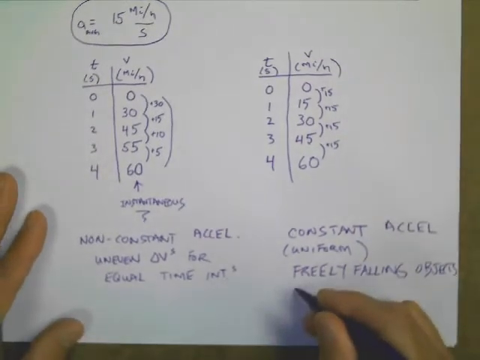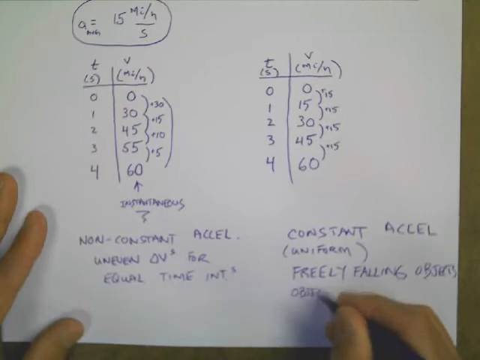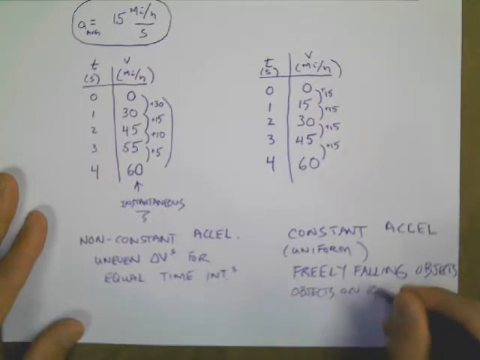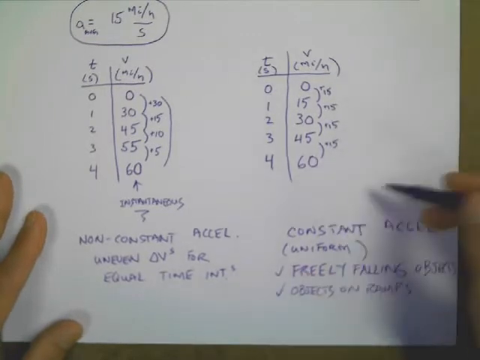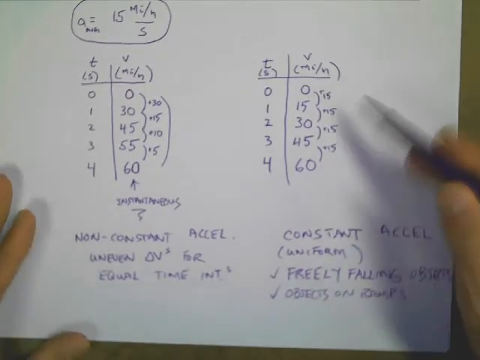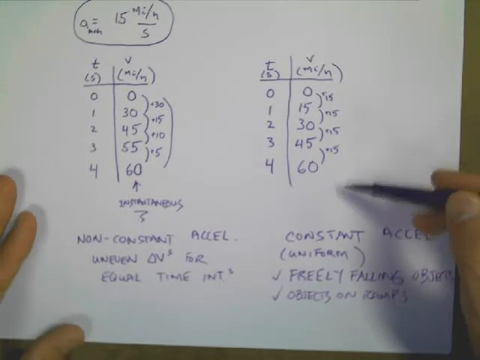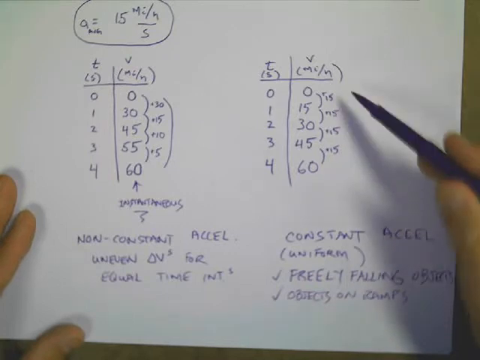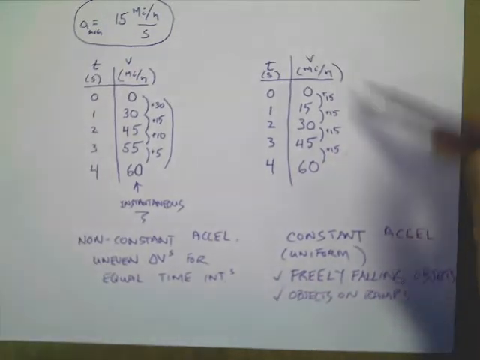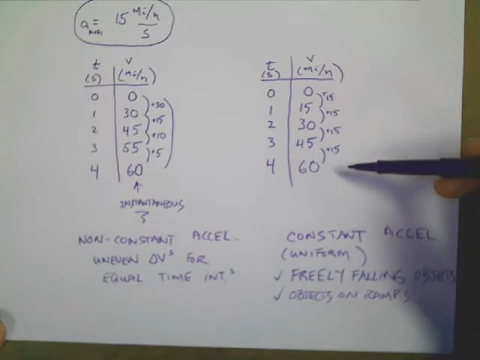Also, objects on ramps, typically if there's not a lot of friction, are going to accelerate in a constant sort of way like this. Obviously those two examples are really important in physics, and we're going to focus on those in a few days.